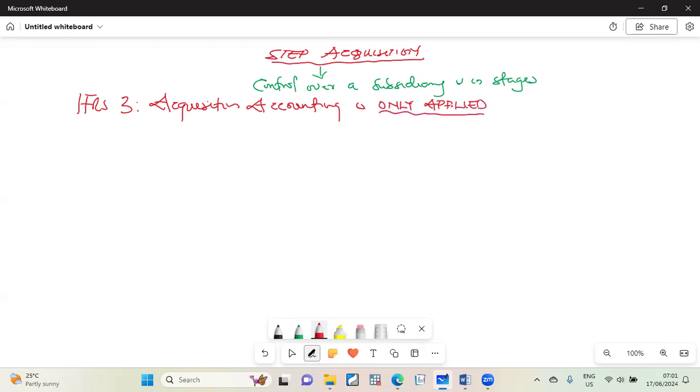It's only applied at the date control is achieved. Remember that if control is not achieved, it's either you have an investment or you have an associate. And if it is an investment, you do IFRS 9. If it is an associate, you will do IAS 28, equity accounting. So please take note of that.